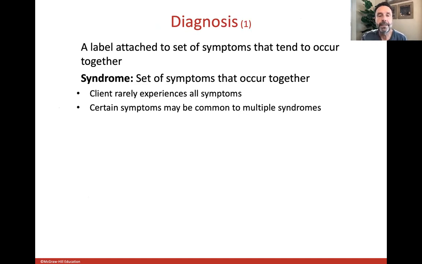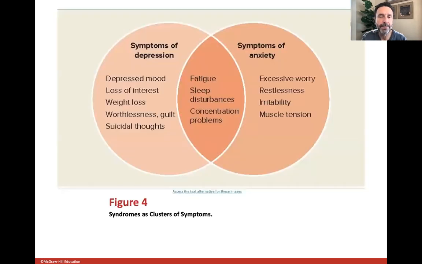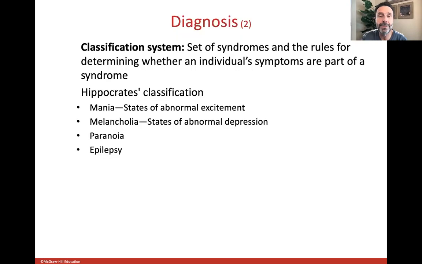But a diagnosis is basically a bunch of symptoms put together in a cluster that we see together, and then the people that came before us, the giants in the world of psychology, have given them different names, so we'll see that that's happening. And you'll see that some symptoms, such as anxiety and depression, overlap, and so it can be a bit troublesome sometimes to make an accurate diagnosis as quickly as we need to in the office.